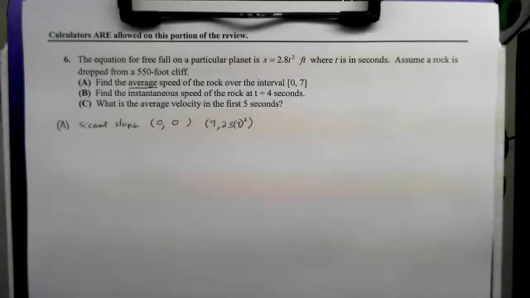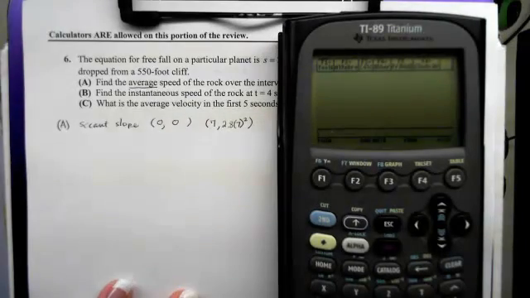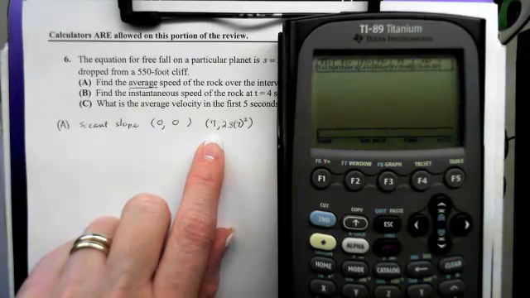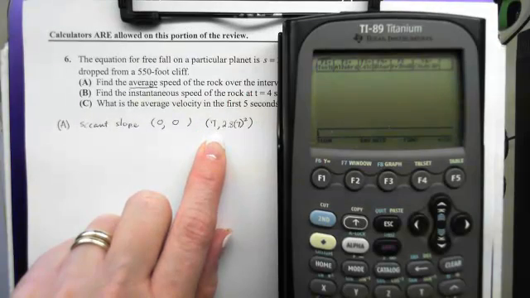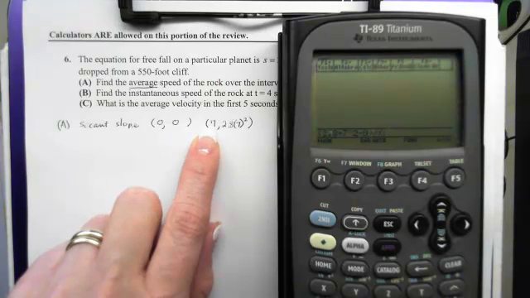So in this case, a calculator will be appropriate. I'm going to turn on my calculator, clear out what I've got, and create a slope out of these 2 points. On the top I have 2.8 times 7 squared minus 0. Then I'm going to divide by the difference between the bottoms, 7 minus 0.